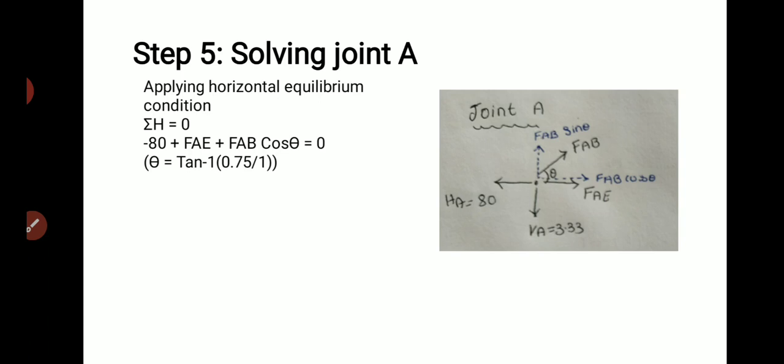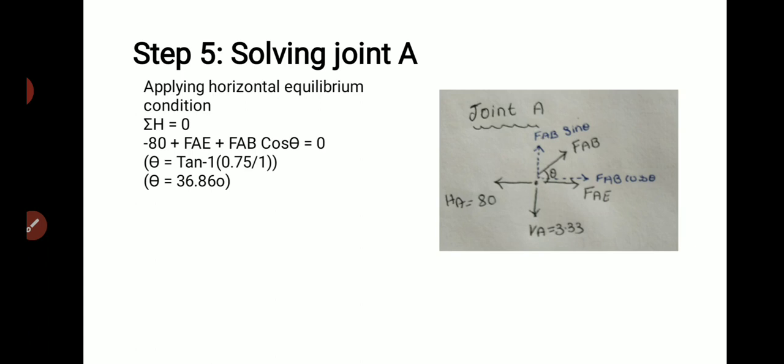The opposite side here is 0.75 meters and the adjacent side is 1. Therefore theta is equal to 36.86 degrees. So FAB is acting at an angle of 36.86 degrees from the horizontal axis.